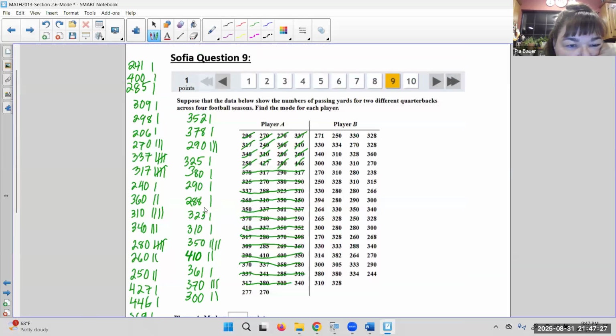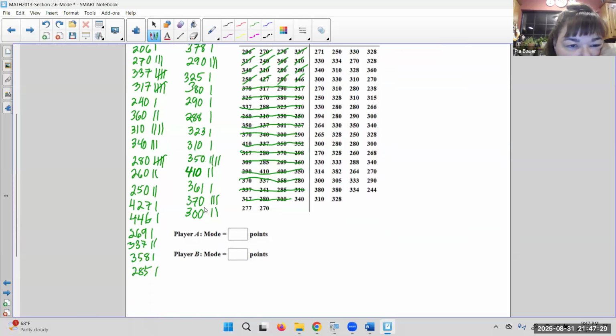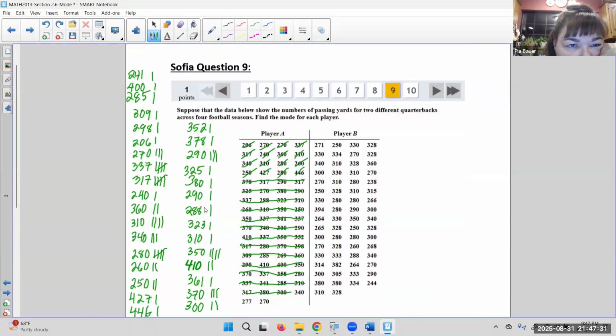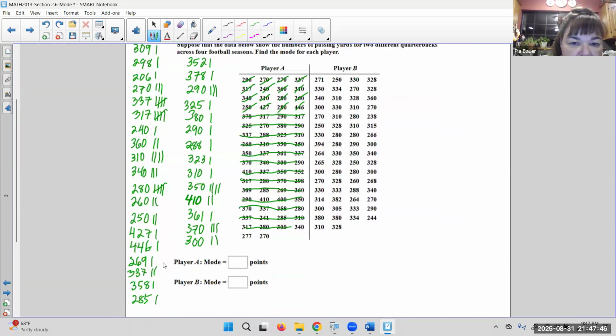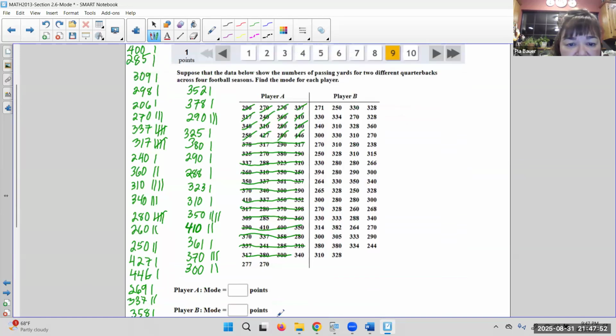And I'm already in trouble because according to my count, there are 3 numbers that have a 5. So that means the mode would be repeated, which is not impossible, but they would have given you more spaces in here.